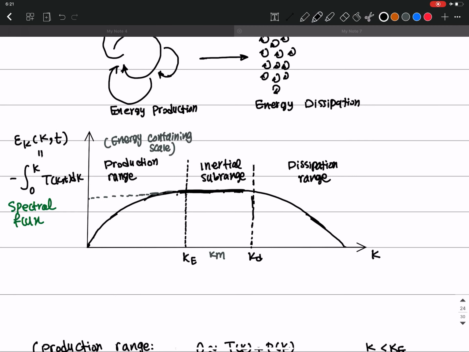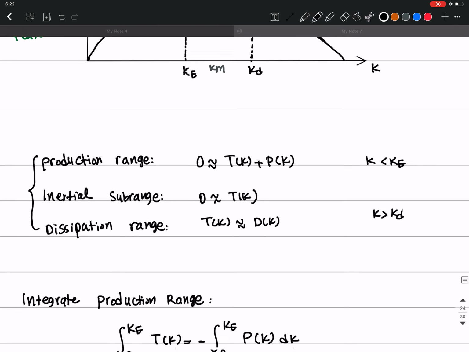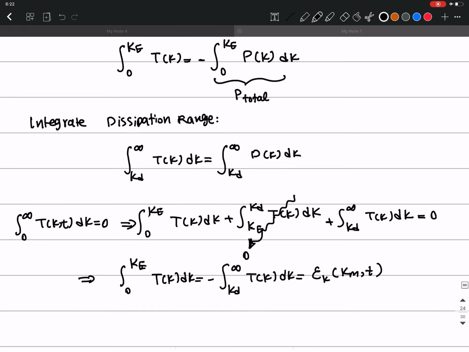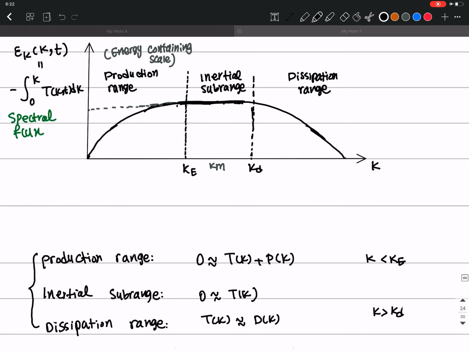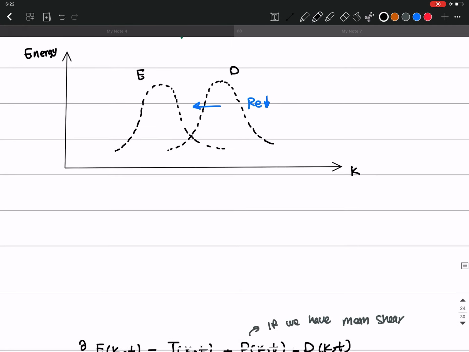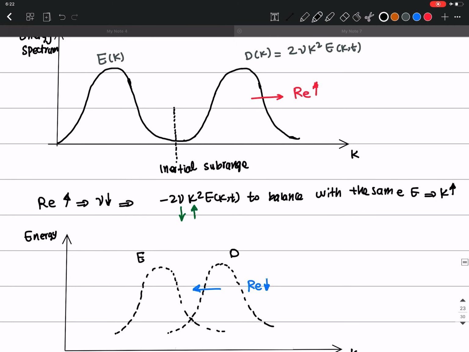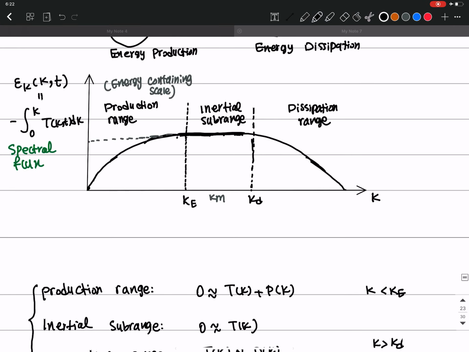This spectral flux is just the minus of the integral from 0 to k of Tk Td dk, okay? And here we showed that this total is going to be the total dissipation in the flow, which is epsilon, this value here.